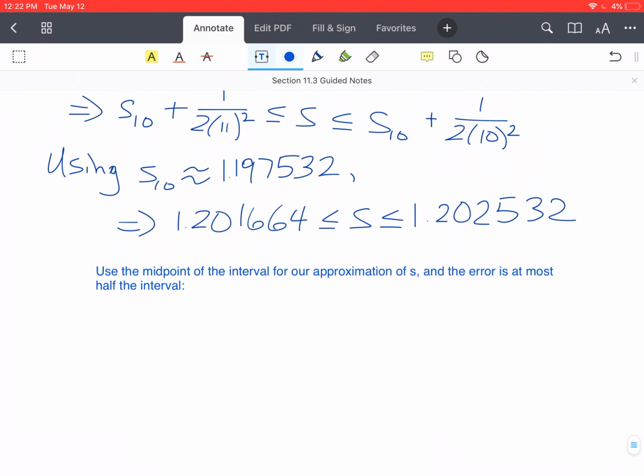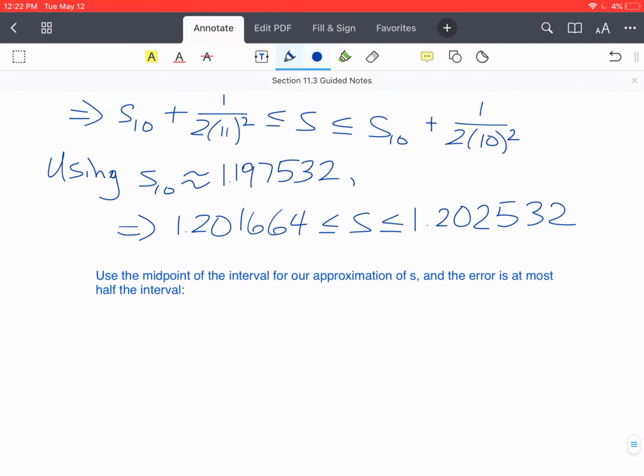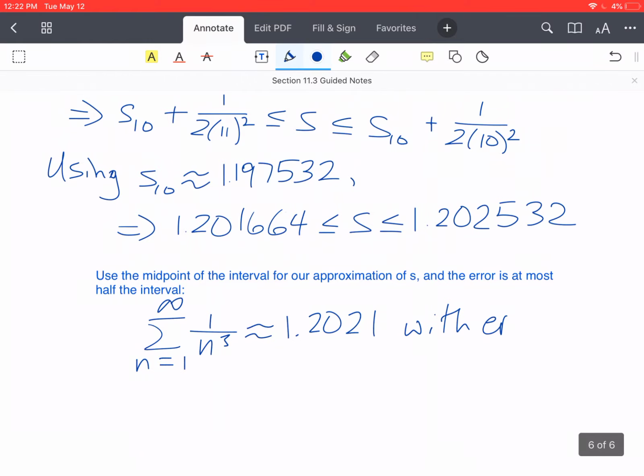Okay, so this gives us the sum from 1 to infinity of 1 over n cubed is approximately the midpoint of that interval, so 1.2021, with error less than half the interval, so 0.0005 is half that interval.